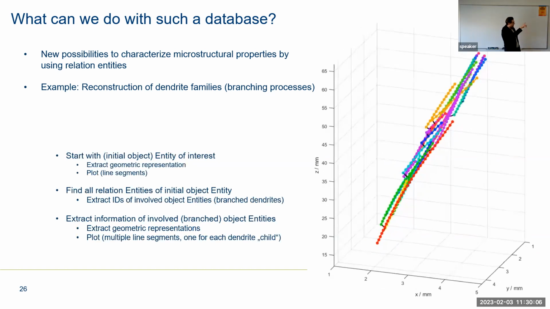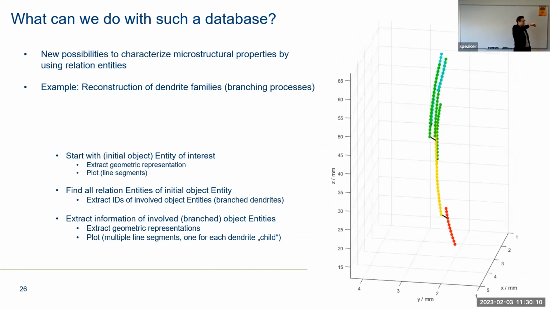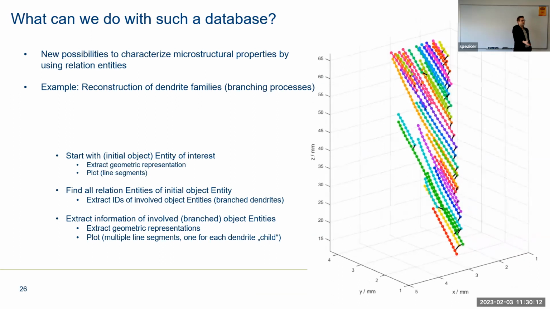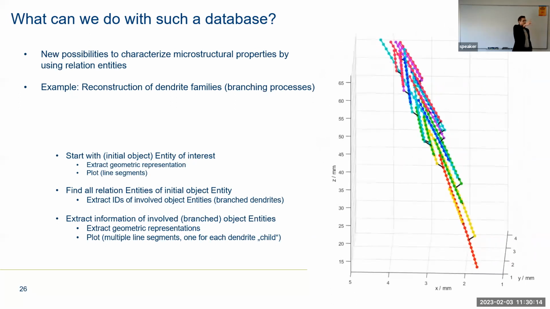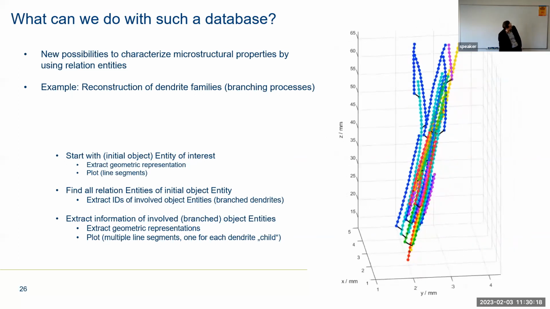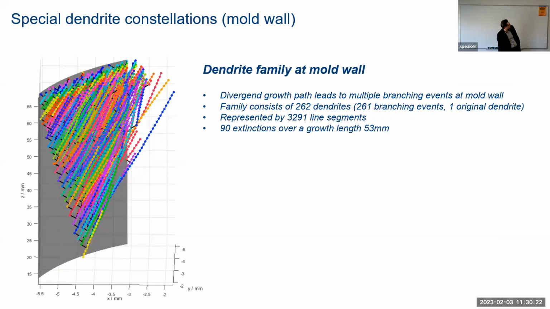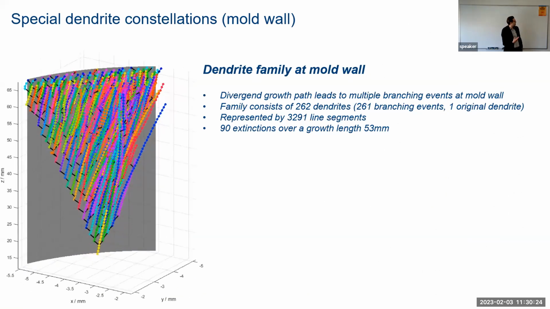This is just how I can access the data, right? I can access one object entity, find all its relations, then I get a set of branchings. Then I get a new set of dendrites, and I can iteratively search for all new branching and so forth. So what I can then do is search the database for special dendrite constellations.